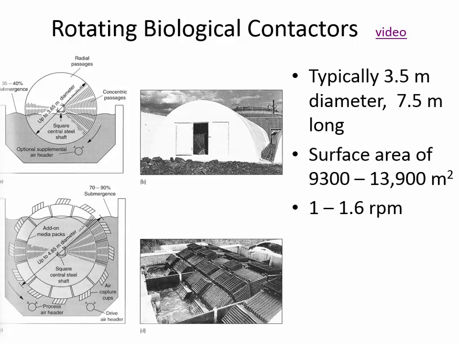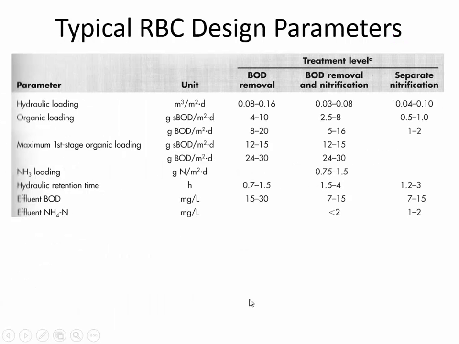That rotating arm in a trickling filter, it can be tough to get even wetting. But in this case, each one of the discs in a rotating biological contactor is going to get the exact same contact with the liquid and the air as all of the discs next to it. And so it's a lot easier to get even contact from one side of the contactor to the other.